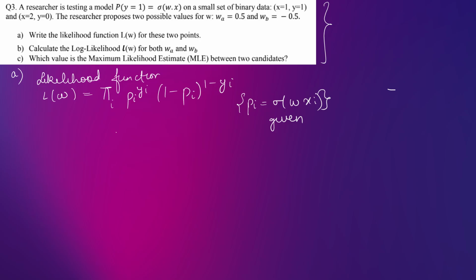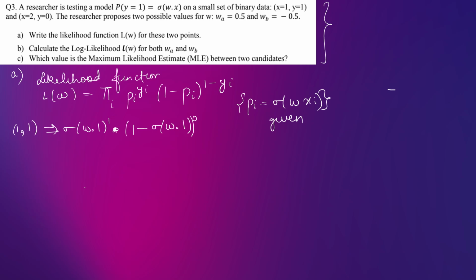So we'll calculate the values first. For point (1, 1), we'll get sigma of w into 1 to the power 1, into 1 minus sigma of w into 1 to the power 0. Please have a look.